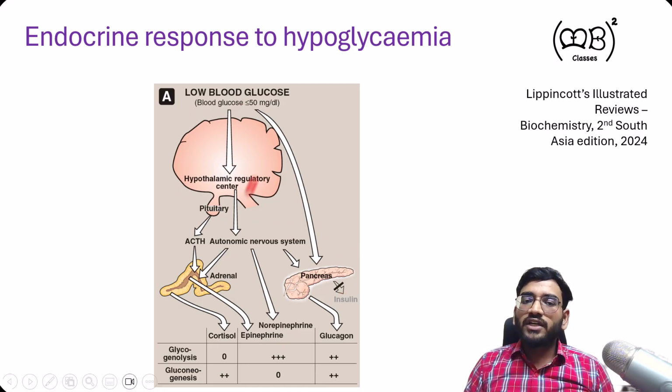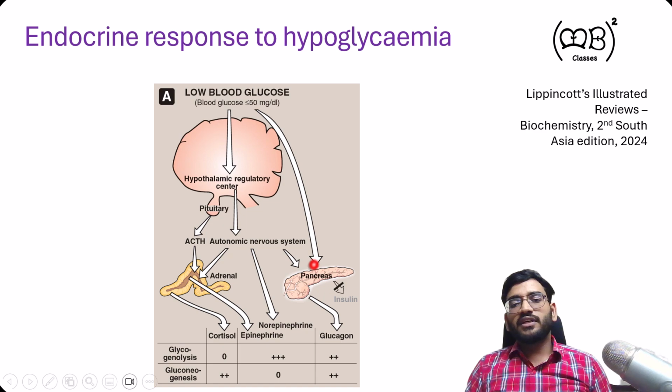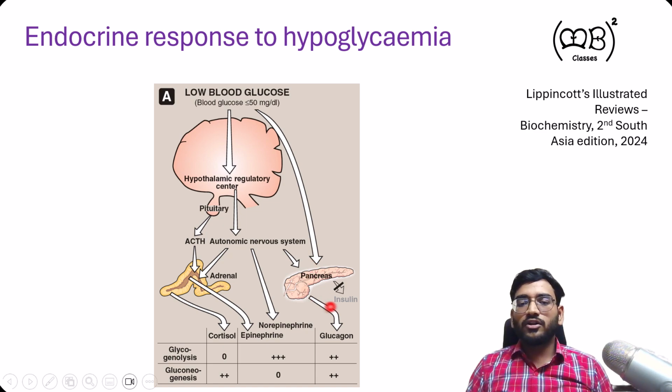It will activate the hypothalamic regulatory centers, which will stimulate the autonomic nervous system. And now the sympathetic nervous system is activated. The epinephrine and norepinephrine will inhibit insulin, and activate the alpha cells of the pancreas to release glucagon.